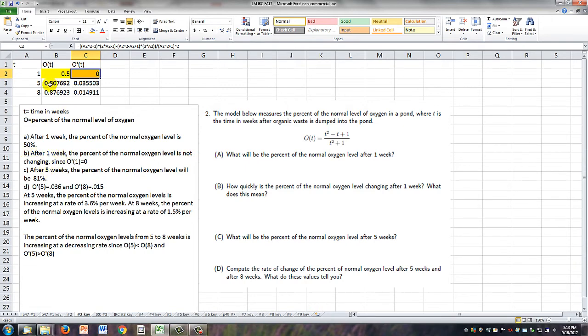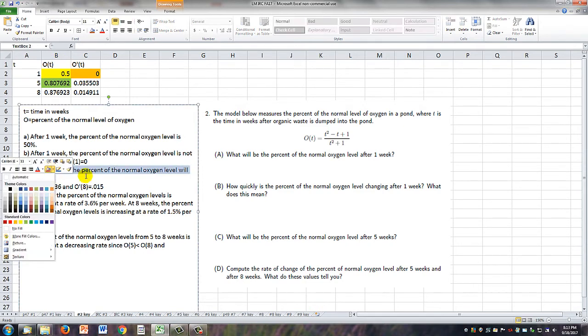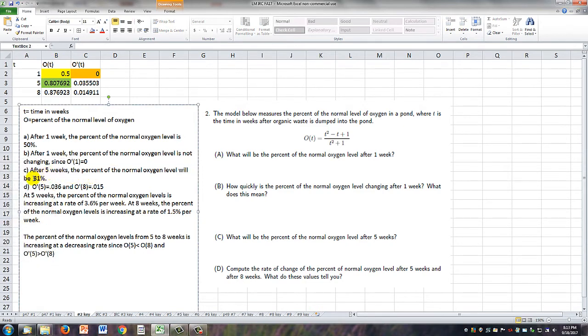And then after 5 weeks, you have what is the normal level of percent of normal oxygen. That's this right here. And that turned to a percentage is 81.8%, or 81%. After 5 weeks, the percent of normal oxygen level will be 81%. This is not a rate of change. This is an if-then. If I know the number of weeks, then I know the percent normal oxygen level.